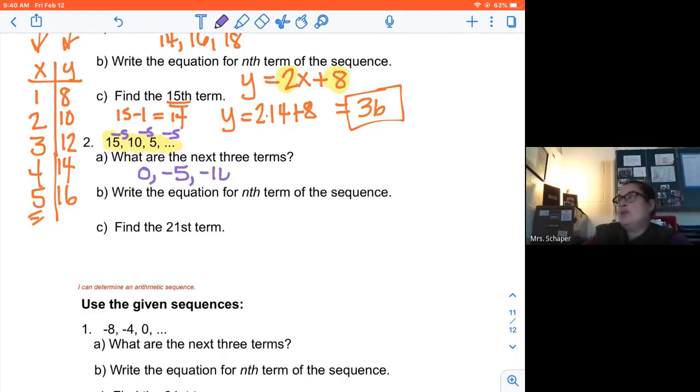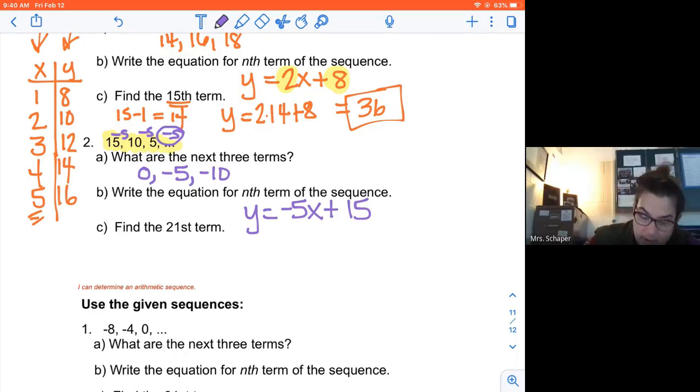So the next 3 terms are 0, negative 5, negative 10. Now, write an equation for the nth term. So it's going to be y equals my rate of change, which is negative 5, times x plus my beginning number. And my beginning number is 15.